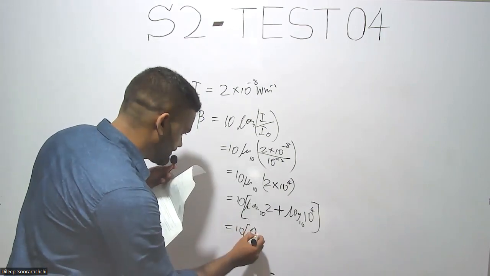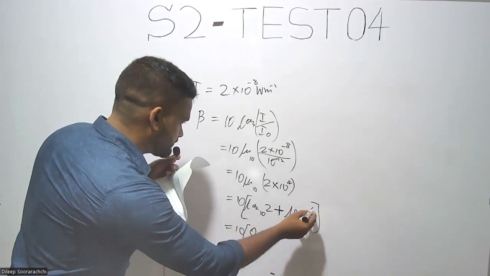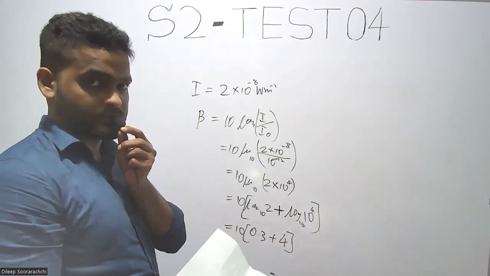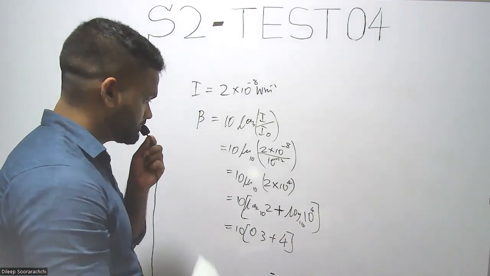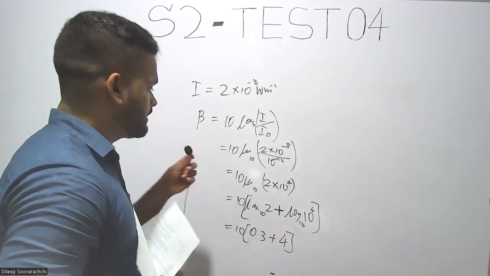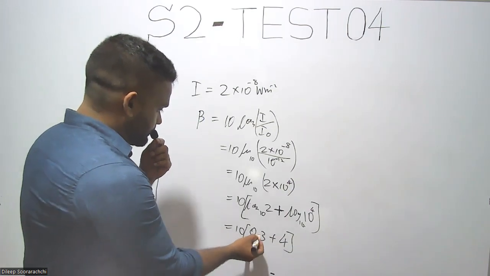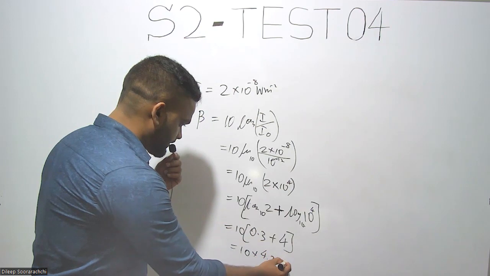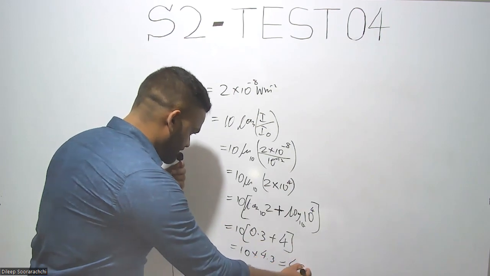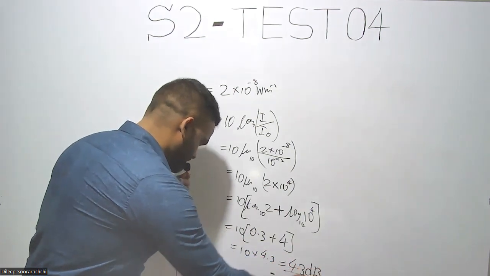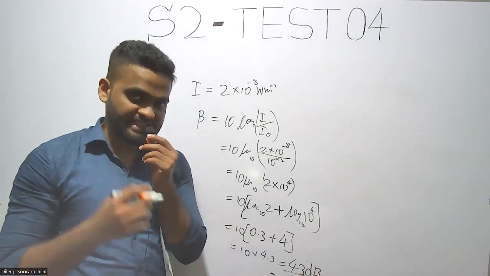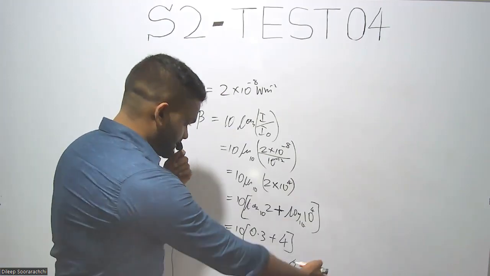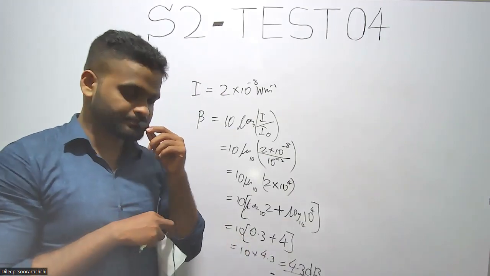Substitute 0.3 plus log 10 of 10 to the 4 means just 4. So you should know these simplifications, O level logarithm simplifications. 10 times 0.3 plus 4. 10 times 4.3. So this is 43 decibels. So that is the intensity level. This is the intensity of that sound. This is the intensity level of the sound.